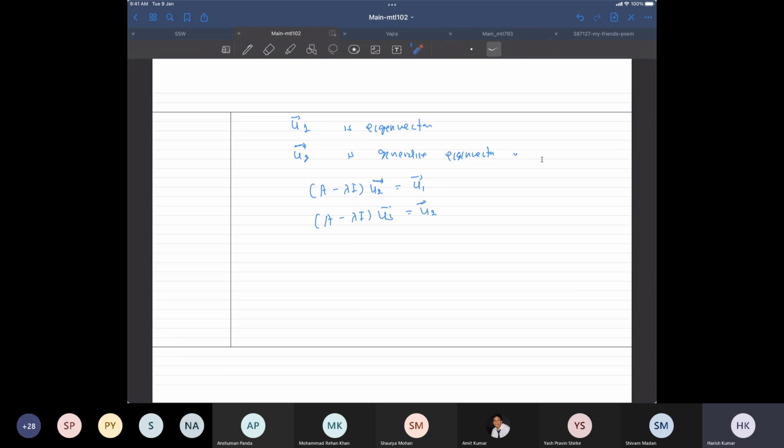Okay, so this will have index 3, this will have index 2, or other way around. So this will have index 2, this will have index 3. Okay, now P matrix in this case will be u1, u2, u3.